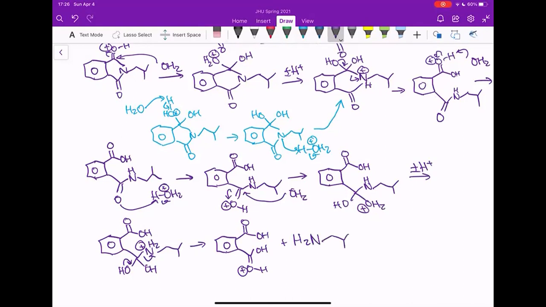And so that is how I got my primary product, which is that primary amine. And then for completeness, this guy would also just get deprotonated with water, which gives me that diacid that I was referring to above.